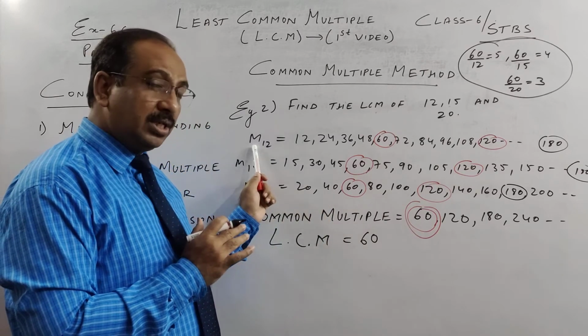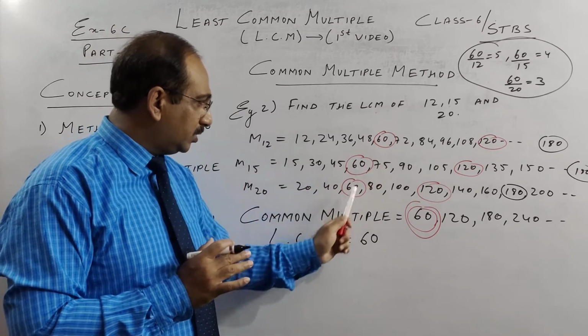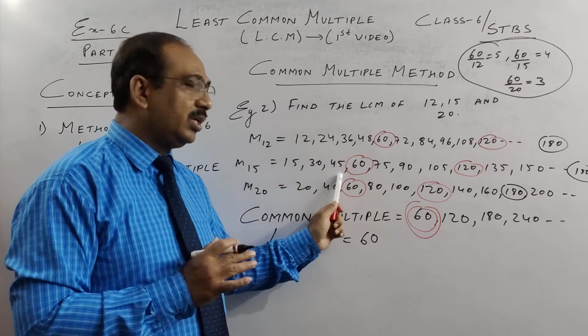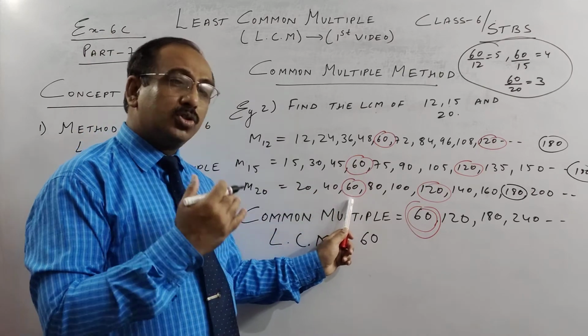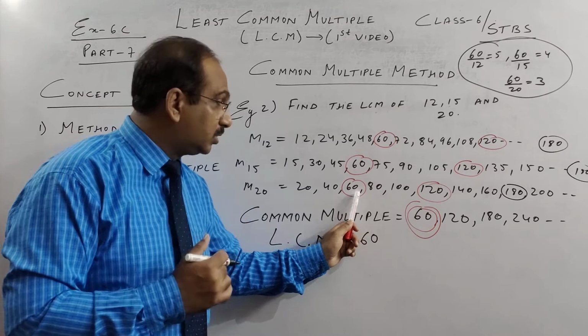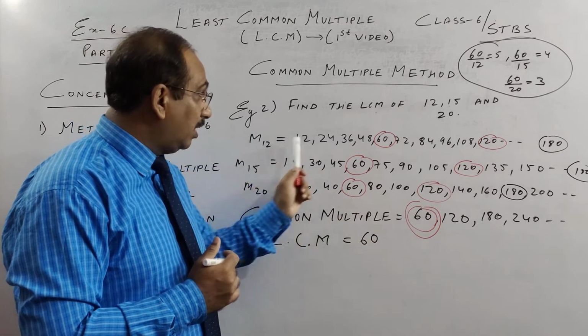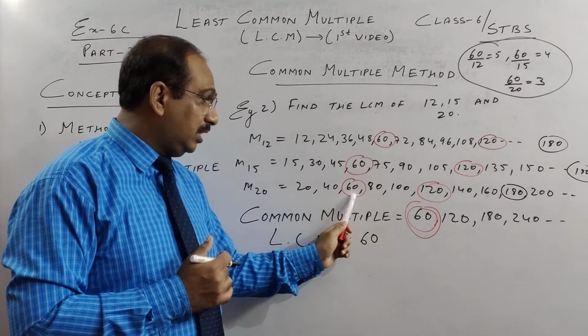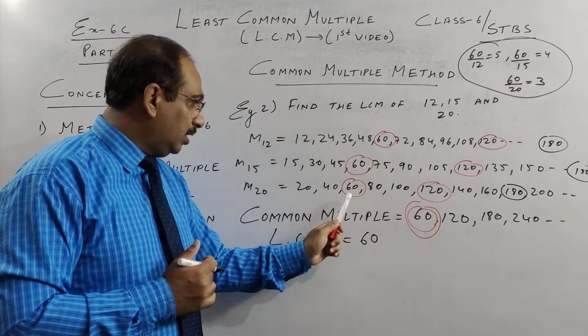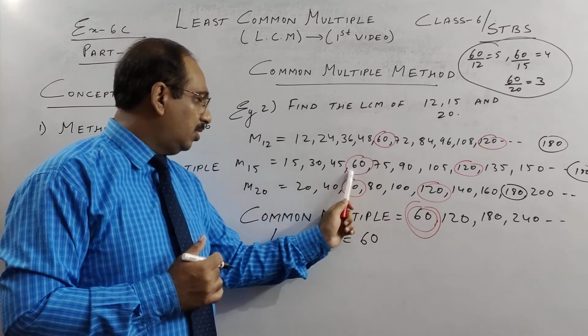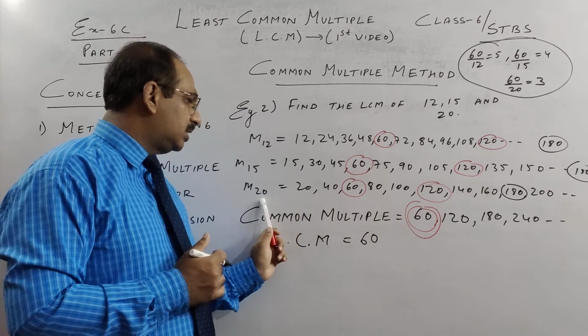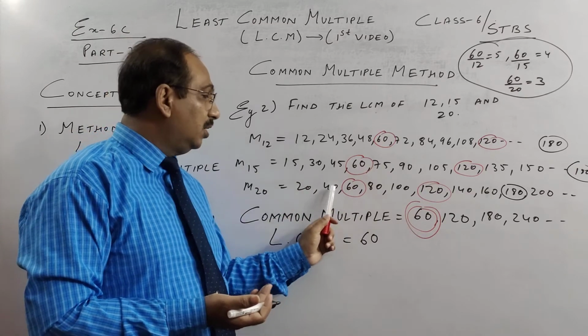Does 40 come in table of 12? No. 40 never comes. Does 40 come in table of 15? No. Go to next. So bigger number table, now I come to 60. Yes, 12 fives are 60. 60 comes in table of 12. 60 comes in table of 15. 15 fours are 60. And 60 definitely comes in table of 20. So 60 is the answer.